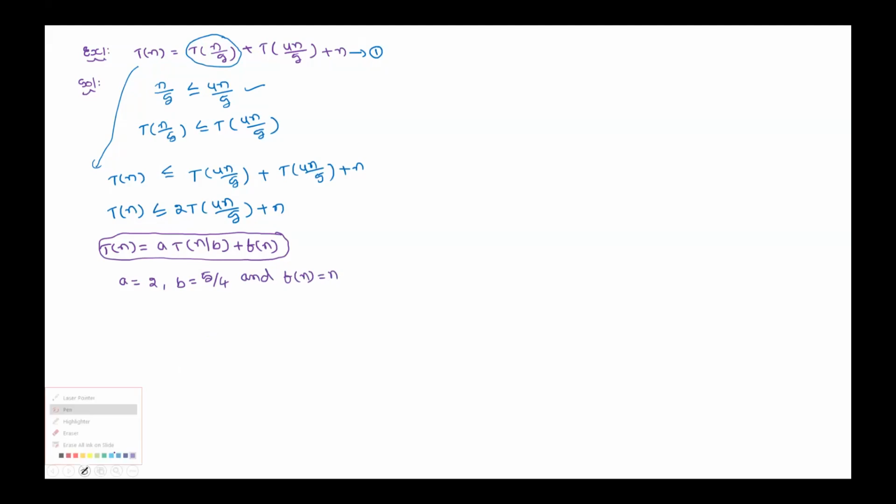So now which case of master theorem is applicable here? On one side f of n, on the other side n power log a base b. F of n is n. N power log a base b, n power log 2 base 5 by 4. Out of these, which has higher order of growth?